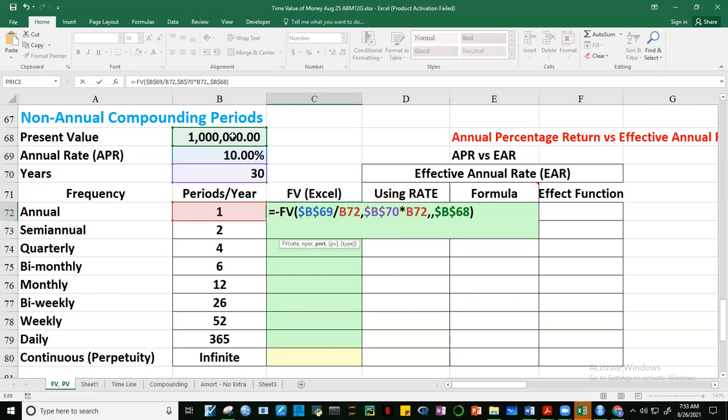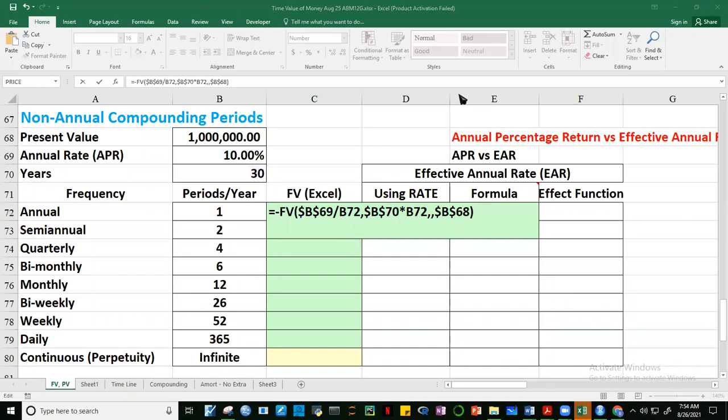Itong 1 million na to? Kasi ano ba yung annuity? Di ba ang annuity natin, uniform stream of cash flows. Kunyari, 1 million, 1 million, 1 million, 1 million, 1 million for 30 years. 1 million ba siya for 30 years? No, di ba? Kasi single cash flow lang to, 1 million. Kaya dun siya papasok sa future value at present value. Okay, so this is correct.